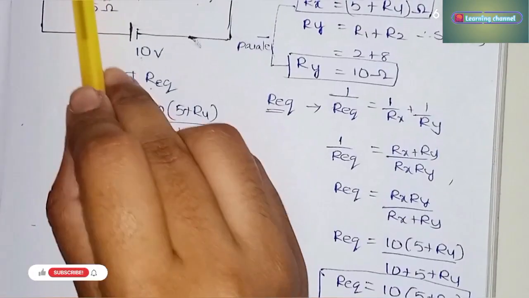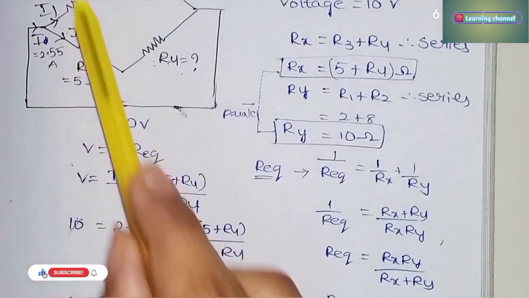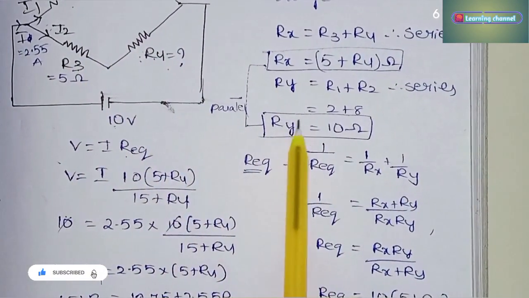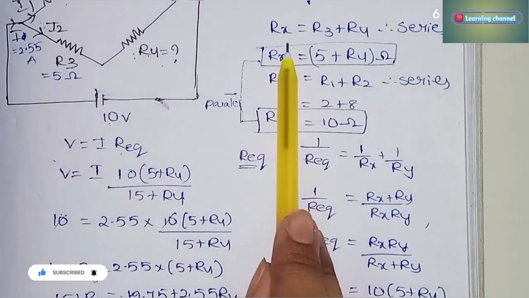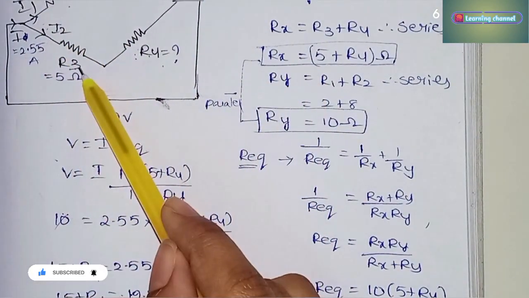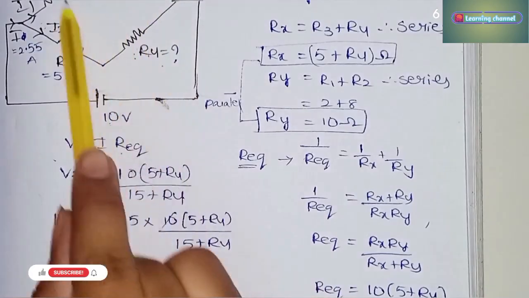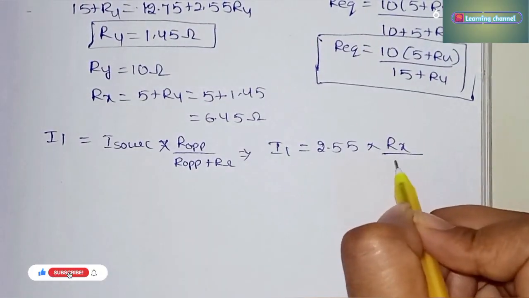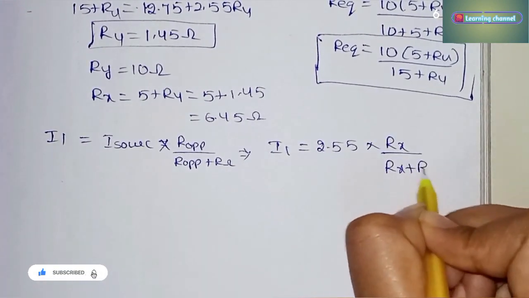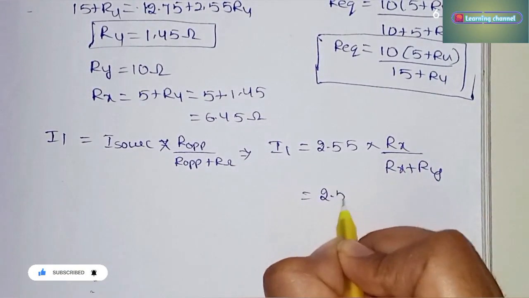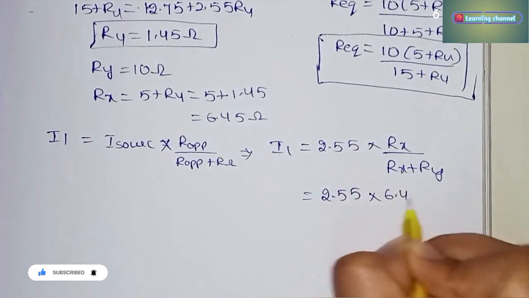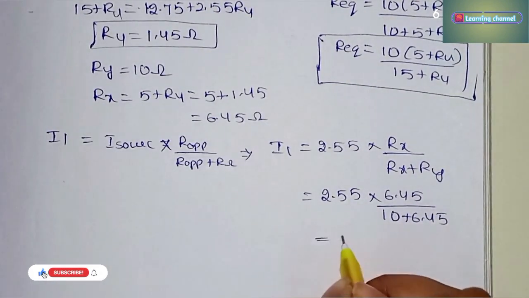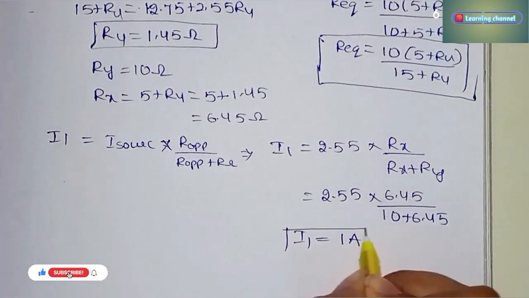Here we have I1, so the opposite will be this equivalent resistance, Rx, by Rx plus Ry. So that is 2.55 into 6.45 by 10 plus 6.45. By solving we get I1 is equal to 1 ampere.